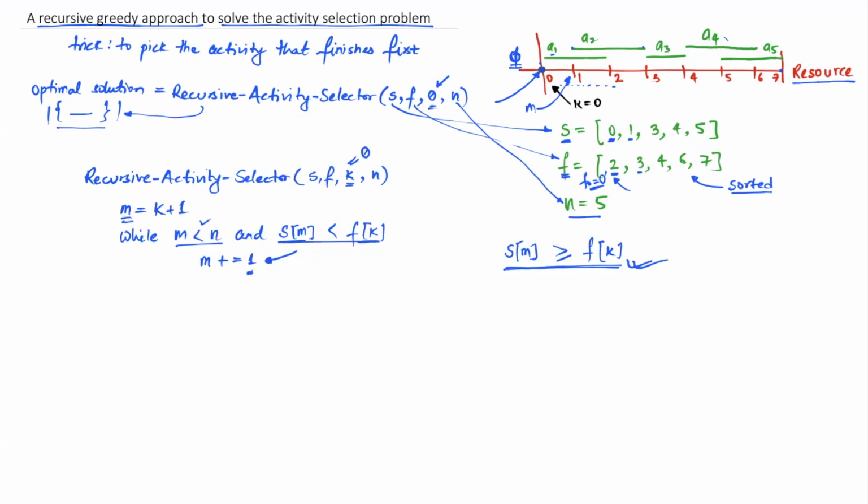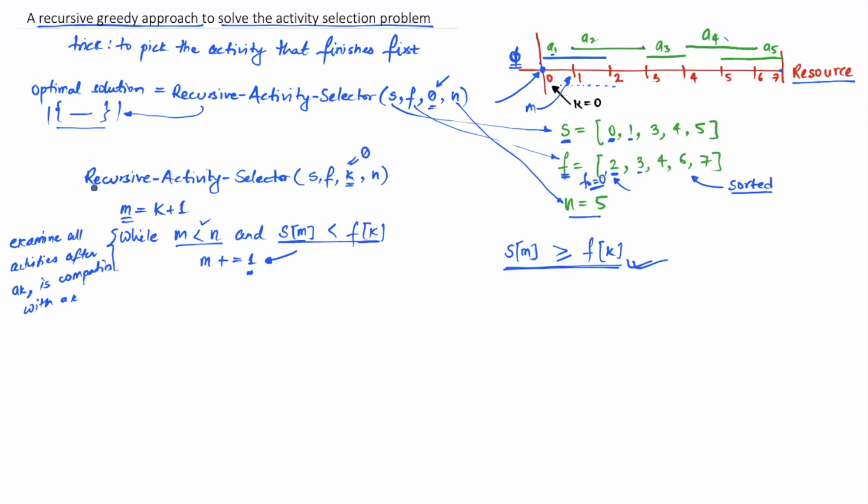In other words, as soon as the first time slot is available, the first compatible activity we found is A1. So this serves as a technique for us to examine all the subsequent activities such that this new activity that we find is compatible with AK.